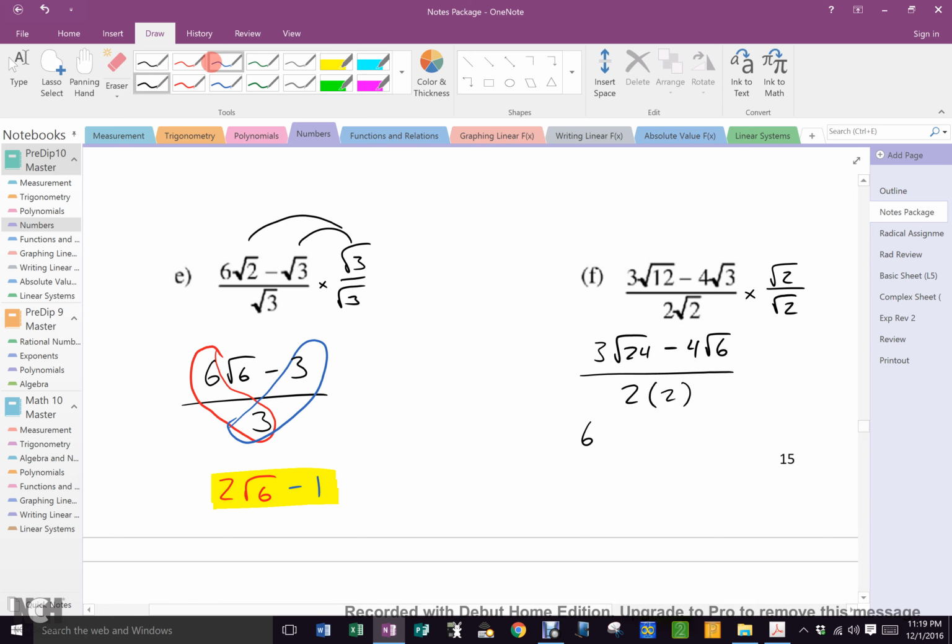This is 4 times 6, so out comes a 2. So it's 6 root 6 minus 4 root 6 over 4. Well, you can do this subtraction right here to get 2 root 6 over 4. And you can see that the 2 and the 4 cancel to get root 6 over 2.